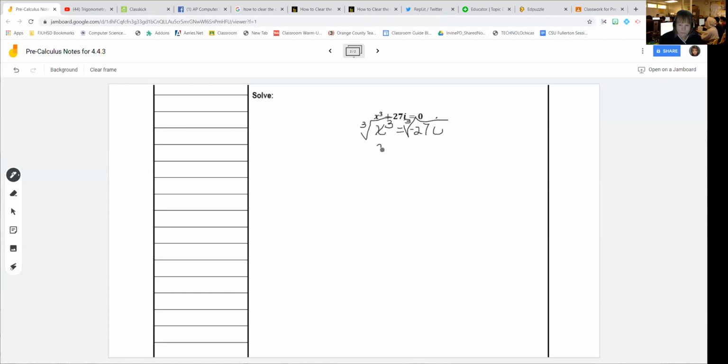So I get x equals the cube root of negative 27i. Now, what we have to do is take the negative 27i and convert it to trig form.